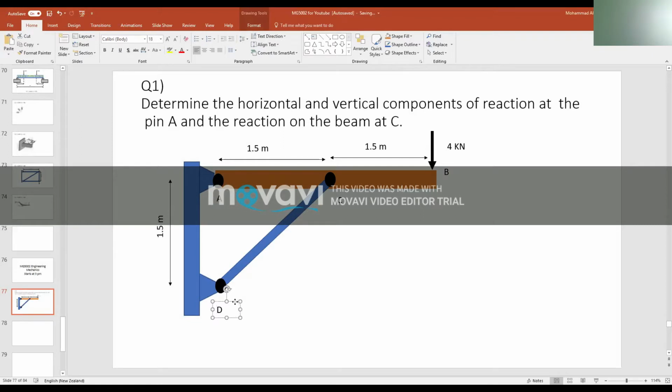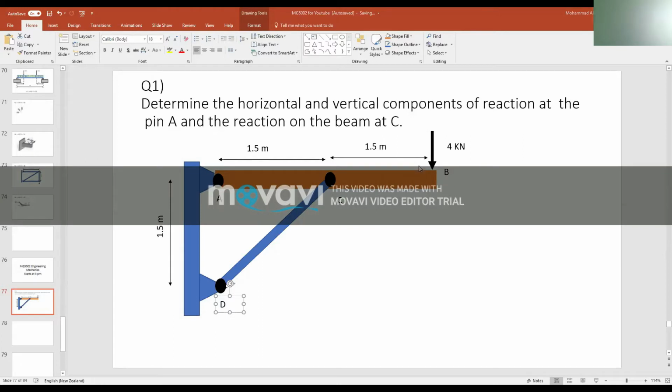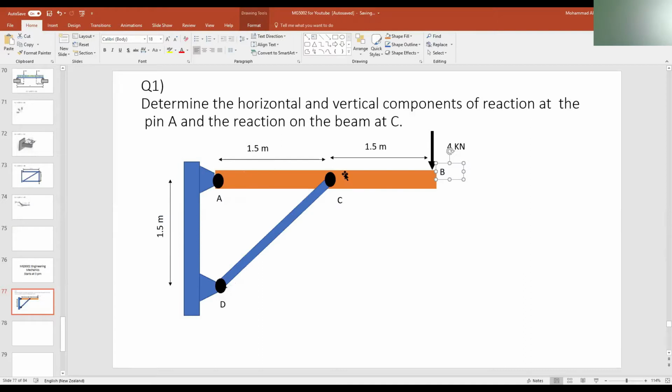And at point D, again, we have 2 support reactions because A and D are hinged. And point C gives me 1 support towards DC. We can call it FC, for example. And at the free end, at point B, there is a 4 kilonewton force applied downwards, trying to push this orange beam, if we can call it a beam.